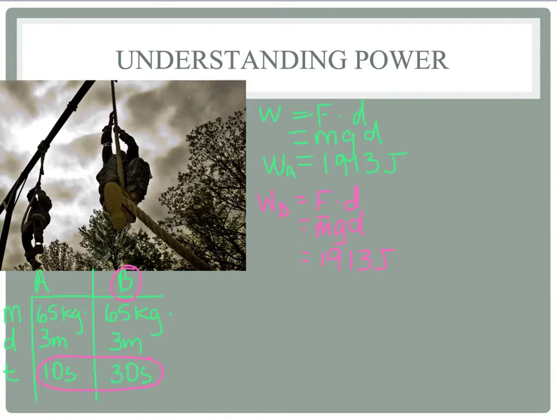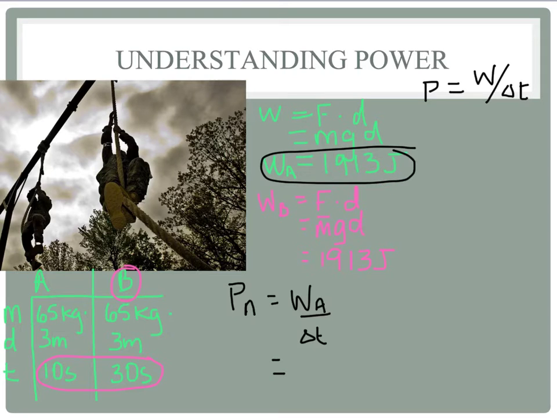What changes now is power. Our equation for power is work divided by the change in time. So now if we say that the power of A is work A divided by time, we find that work A, the 1,913, divided by 10 seconds is 191 watts.